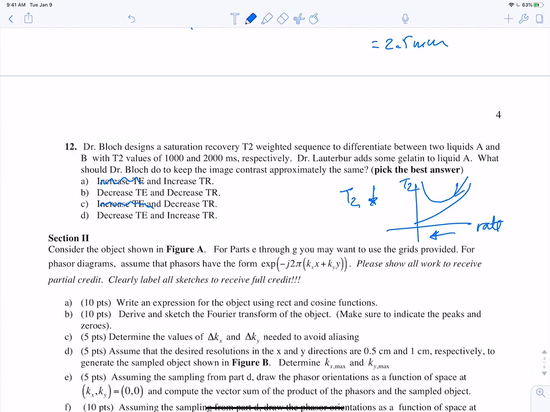So we might be tempted to say we could decrease TR, but we're actually not told enough to know whether we're at the optimal TR or whatever. So we're not told, so the TR is probably long enough, and so we probably could decrease TR, but I think the answer was increase TR, right?